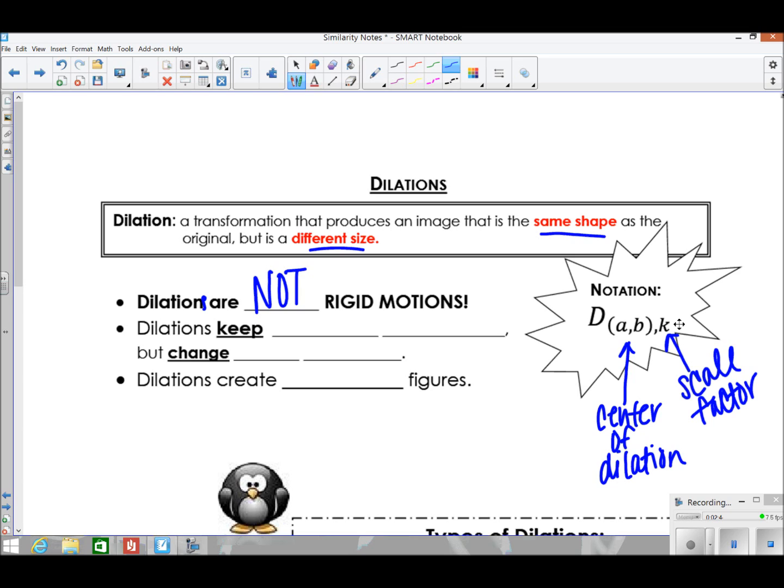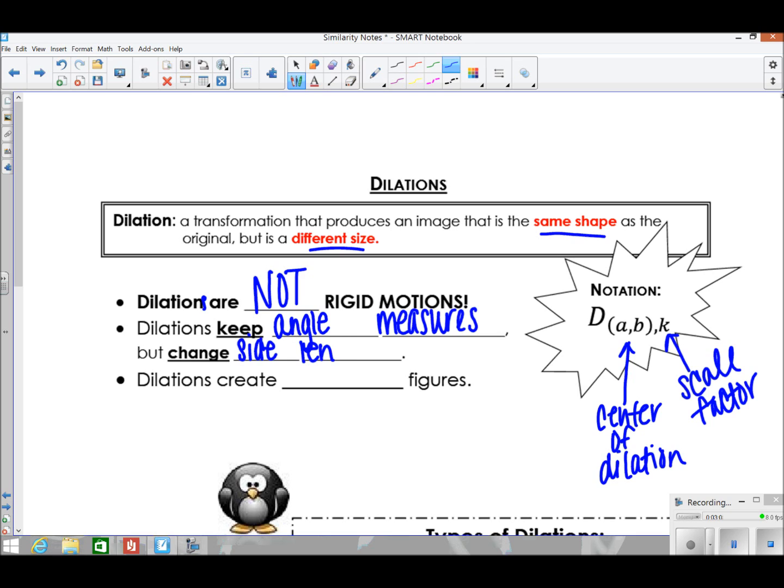A couple other things about dilations. Dilations are going to keep angle measures the same. In order to have the same shape, you've got to keep angle measures. But they change side lengths.